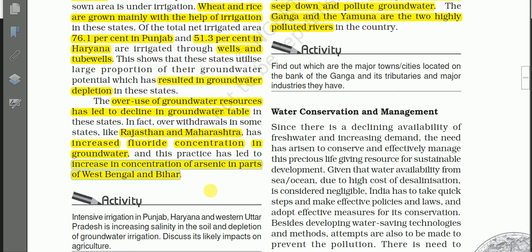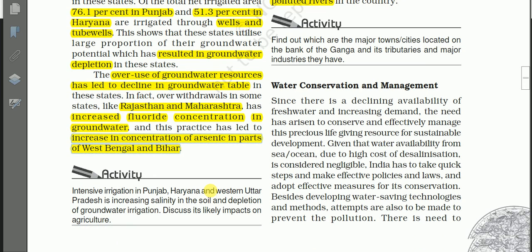You know, arsenic is poisonous, and if we consume it, then it may lead to different types of diseases, including cancer.